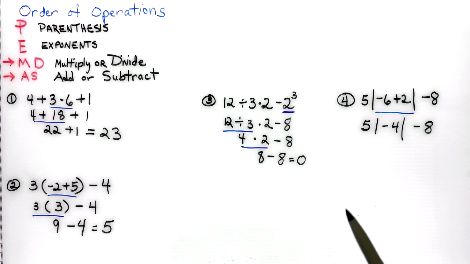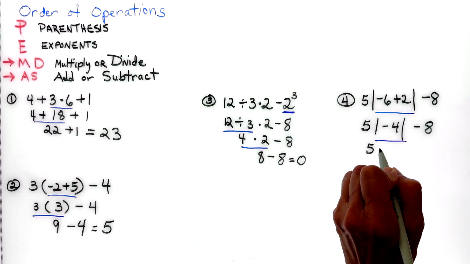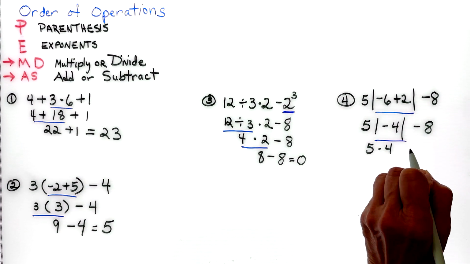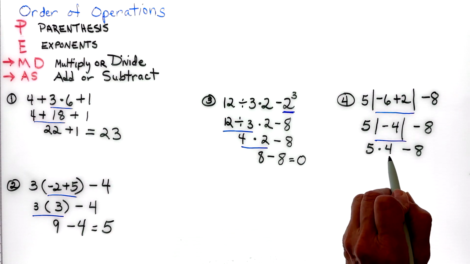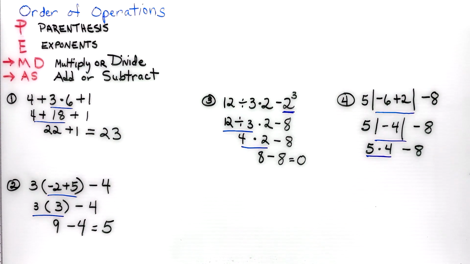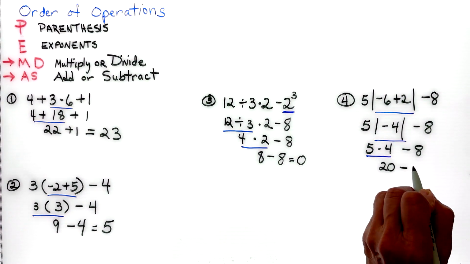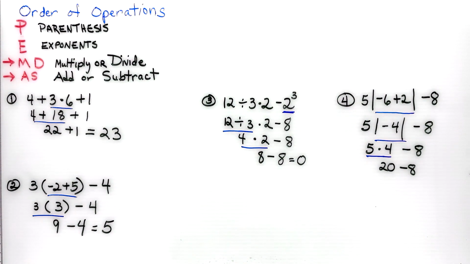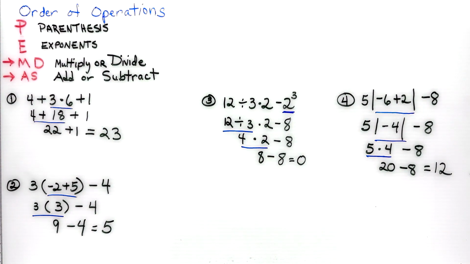So I am going to take this -4 outside of the symbol. So I end up with 5 times 4 minus 8. And now I see that I have a 5 times 4, which is 20. So it's 20 minus 8, and 20 minus 8 is equal to 12.